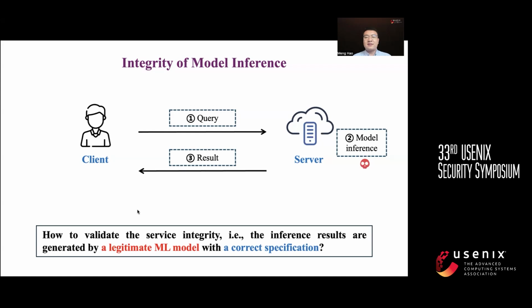So a natural question is how to validate the service integrity. Particularly, whether the inference results are indeed generated by an accurate machine learning model with a correct specification. A promising technique for this goal is zero-knowledge proof.